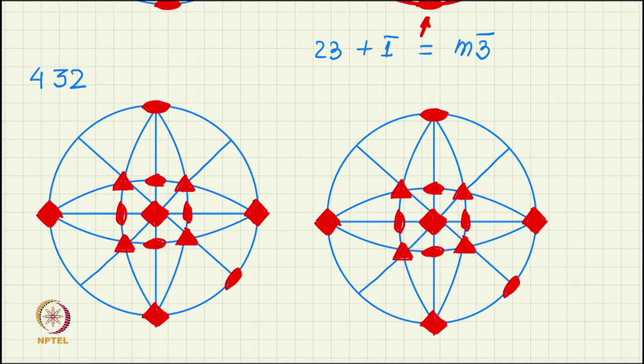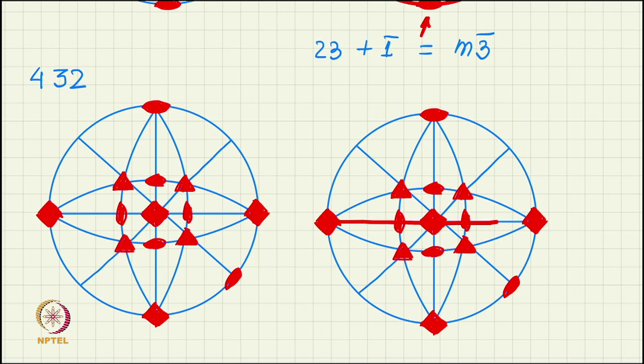Finally, for 432, we have 4-fold, 3-fold and 2-fold distributed in the cubic orientation. And if I add a center of inversion in this case, then again a 4-fold with a center of inversion also makes the planes perpendicular to it mirror planes.